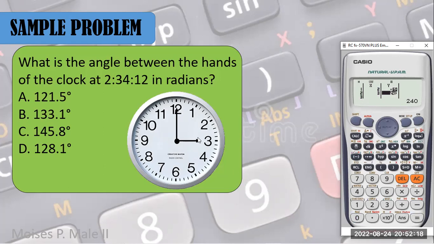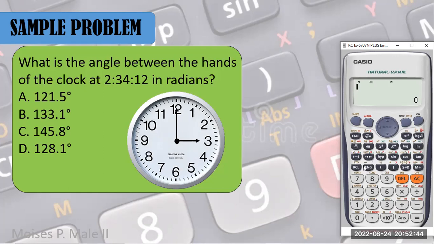At 3 o'clock, positive 270. Okay? So, AC. Then we need to get the angle, so we will input it in terms of degrees, minutes, and seconds.